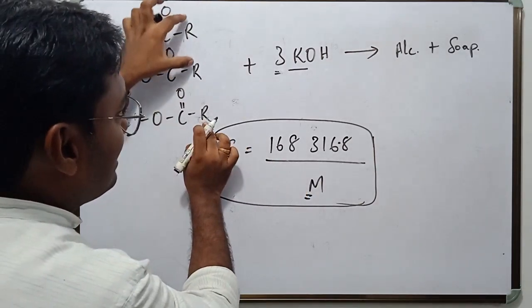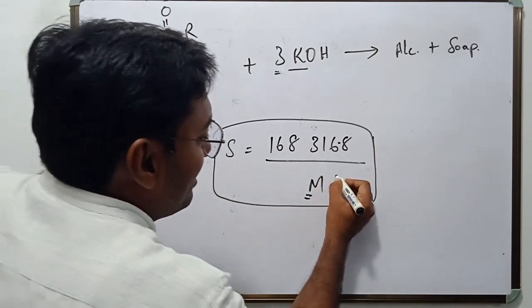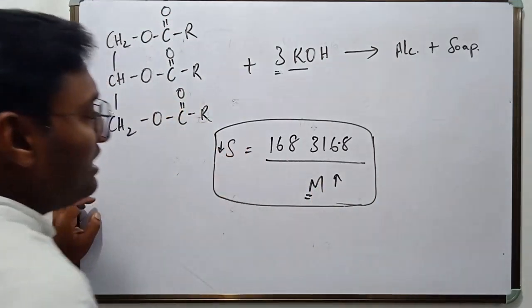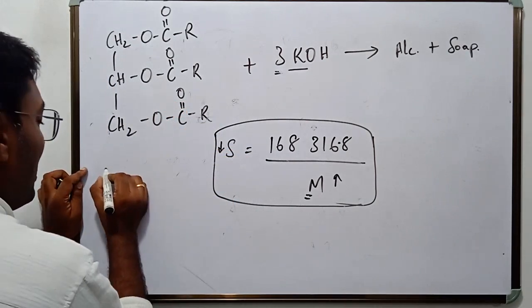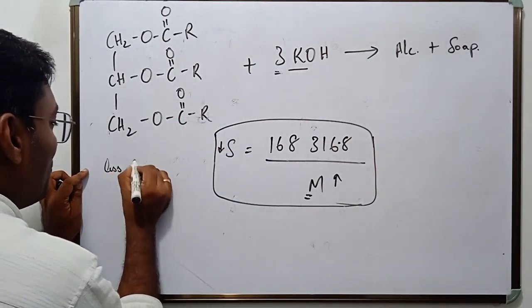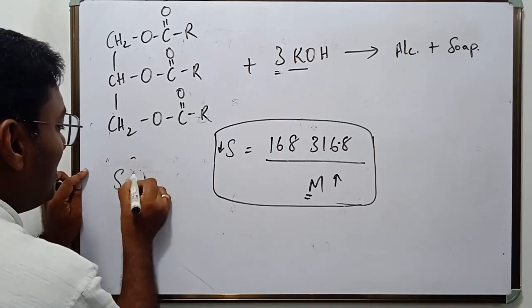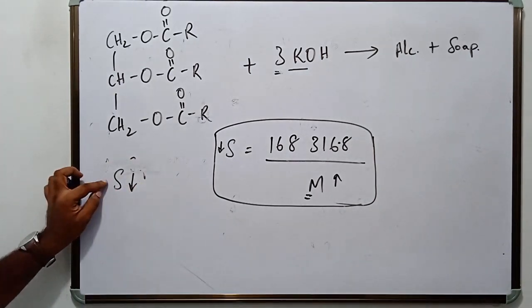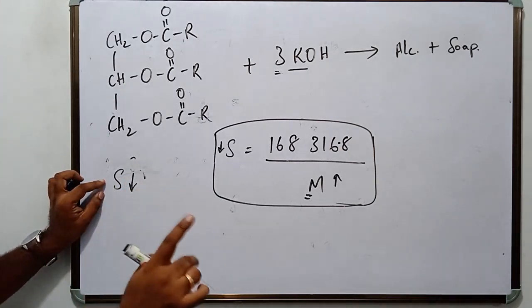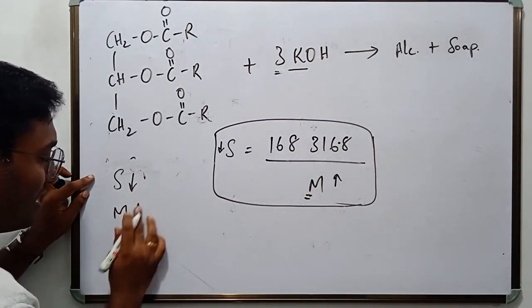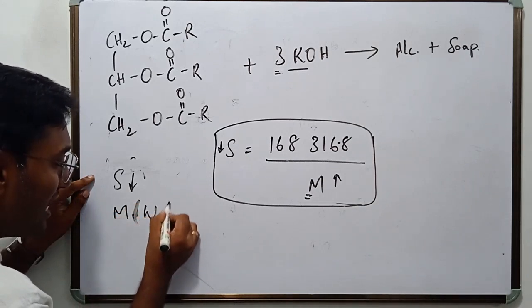So if you are increasing the chain length, molecular weight will increase and saponification value will decrease. If the saponification value is low, what does it mean? It means that molecular weight is high.